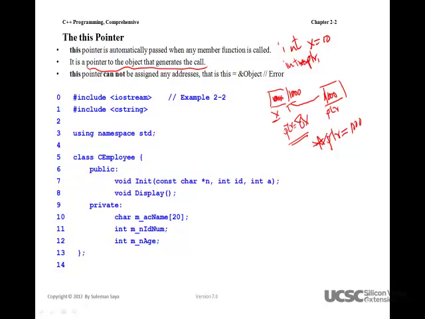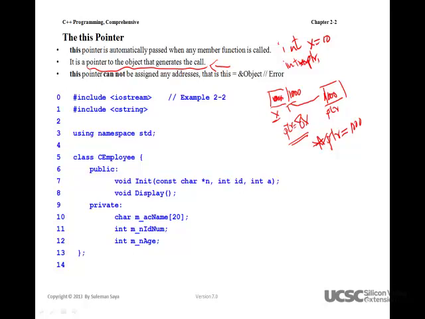So this pointer cannot be assigned any addresses; we'll discuss more while I'm going through the example. You cannot change the address of this pointer. Once this pointer is holding the address of any particular object, that's it. It's a constant.